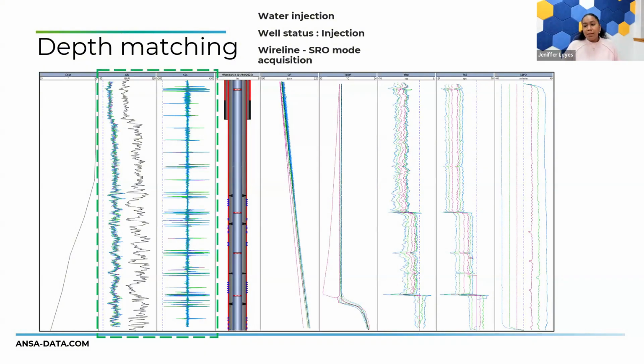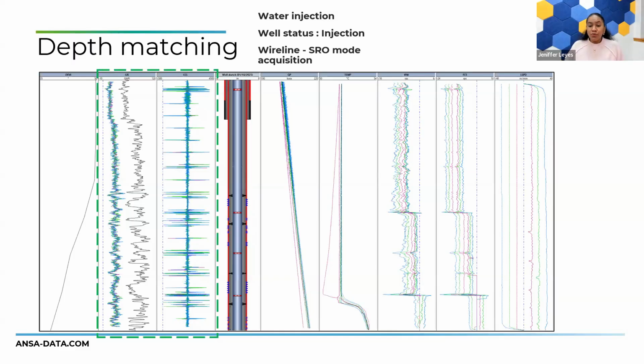So the first step that I want to highlight to make sure that the data is of good quality is assessing whether we have a correct depth match. Basically, depth match requires you to align the depth of the data sets to a measurement that you know is at a correct depth.